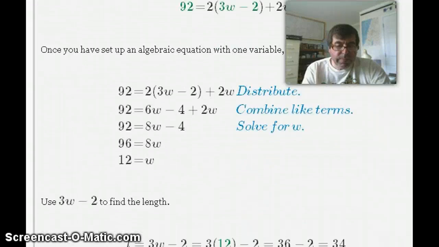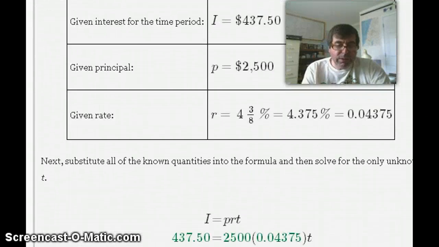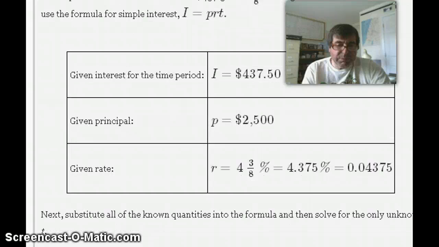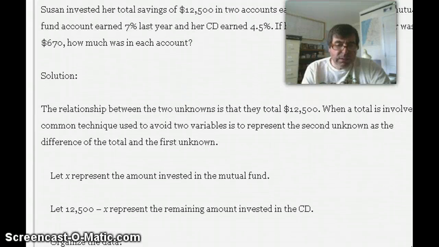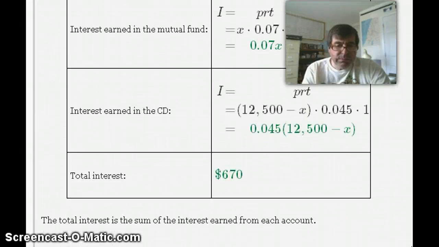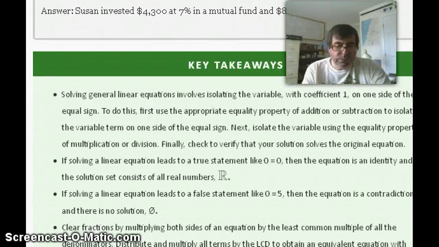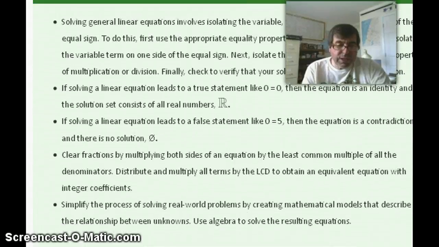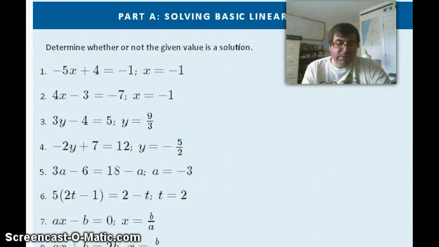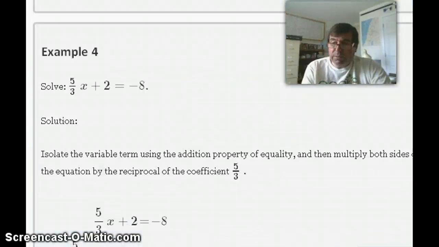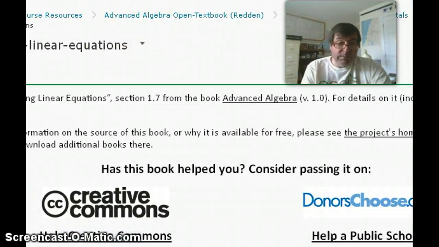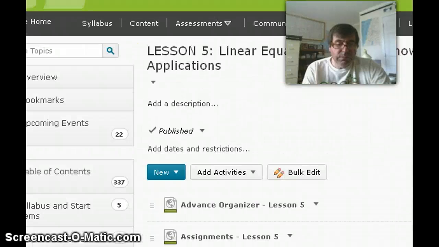Here, problems about percent. Okay, there you go. You got your takeaways. I really do like that. And then you have your problems here. Now, let's scroll up, get out of that, and I'll come back to you.